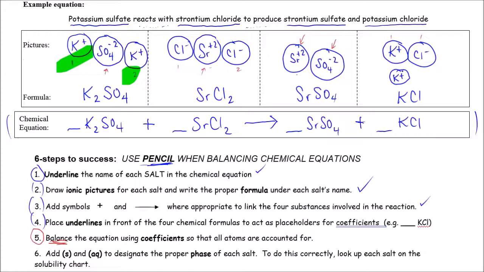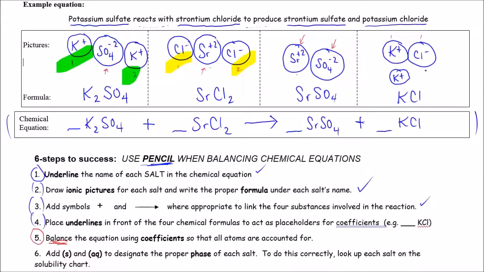Okay, plus. There must be more potassium chloride than we originally expected. Now, if we look at the other problem, here's a chloride, here's another chloride. There's only 1 chloride in the product, so we need to fix that as well.